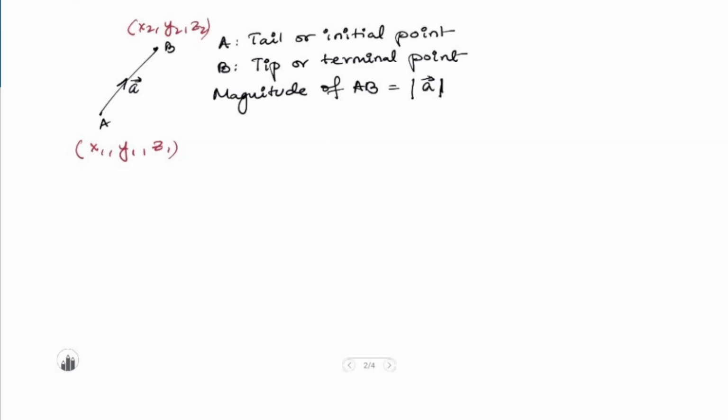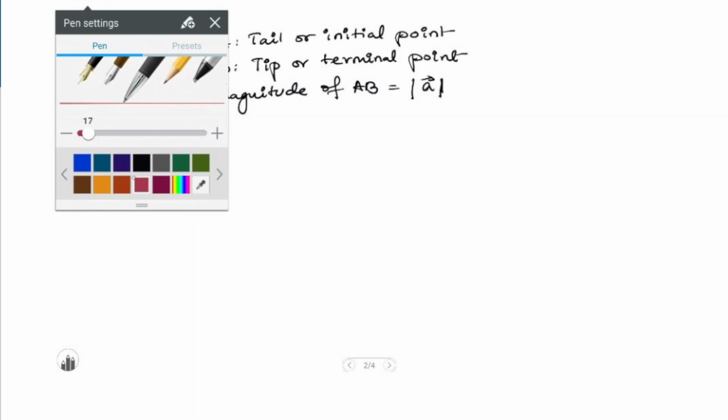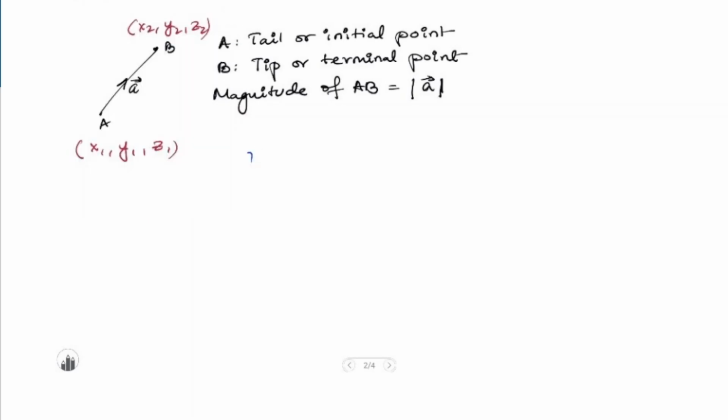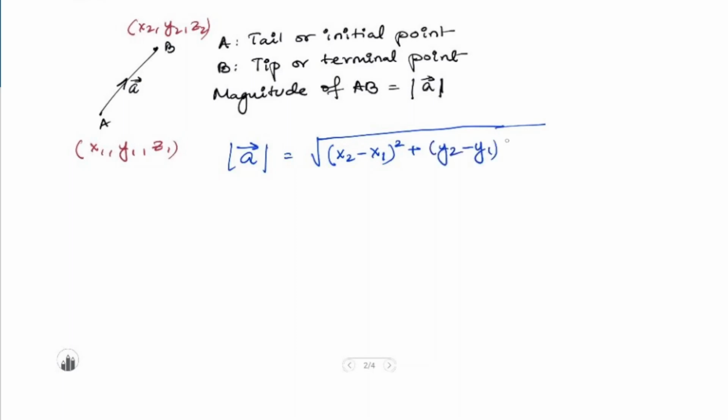In that case, if we want to find out the magnitude of A, we would have to use a formula where we take square root of x2 minus x1 squared plus y2 minus y1 squared plus z2 minus z1 squared.